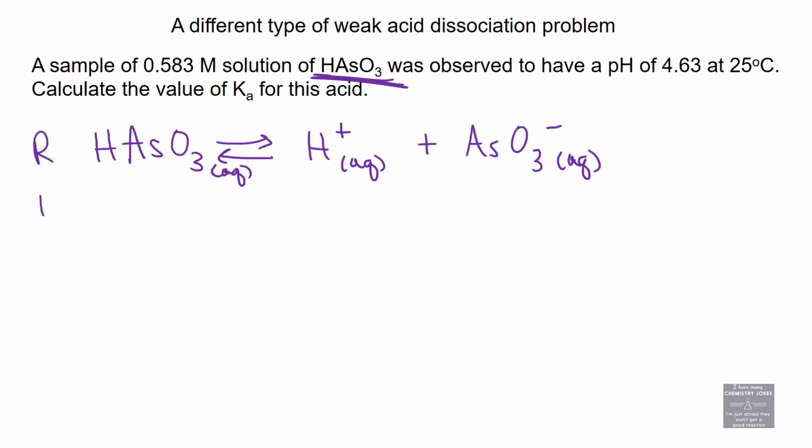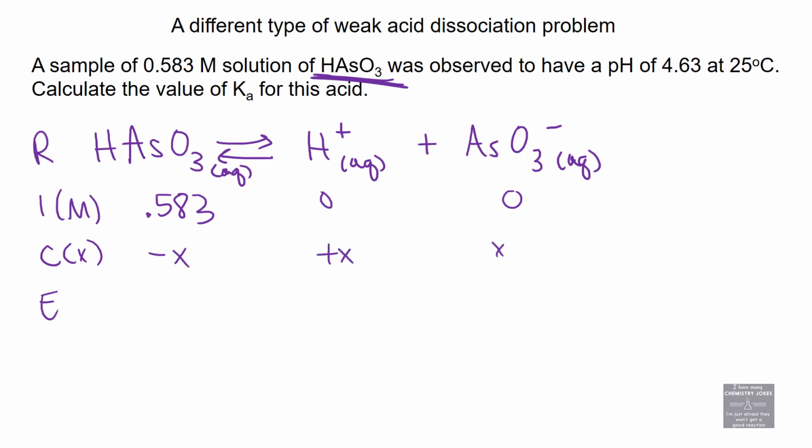So typically we would do a little ICE table, and we would say it starts out at 0.583 molar. None of this, none of that. We're going to lose some, we're going to gain some. Plus x. And at equilibrium, what's my equilibrium concentration? Well, interesting. Calculate the value of Ka.